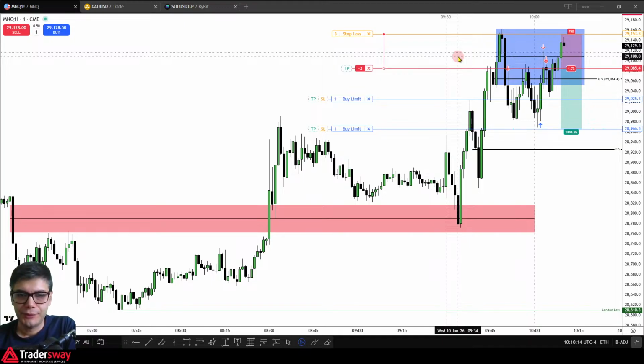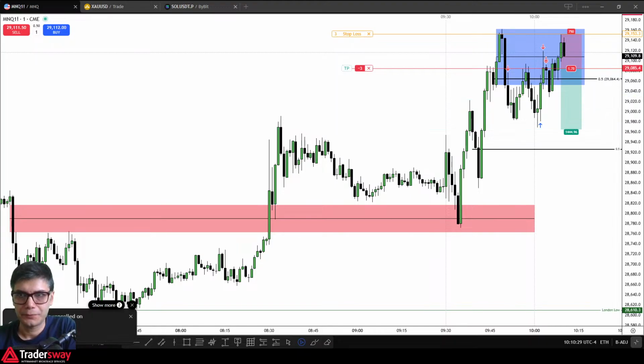So in the order flow, we had 900 contracts here. Now it closed above it. So the uptrend can potentially resume. Yep, 245 more contracts came to the market.